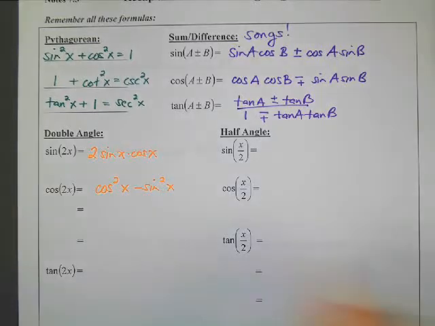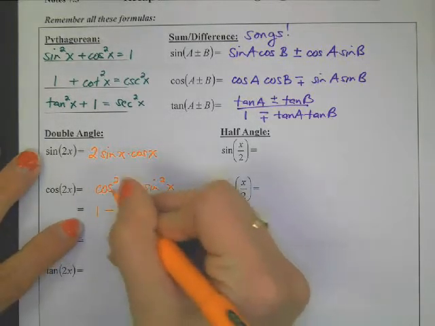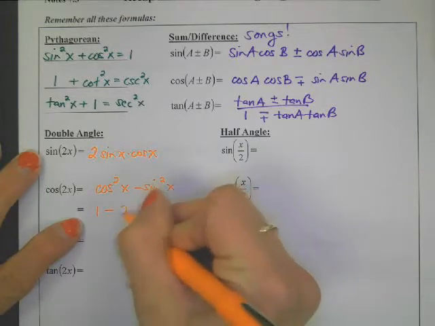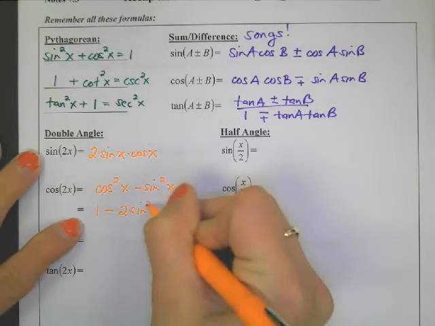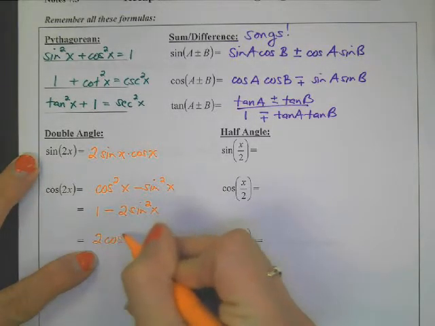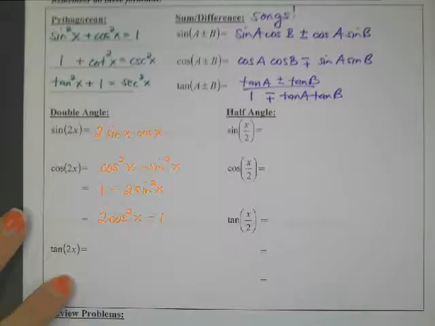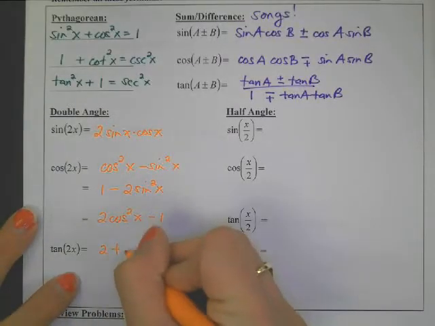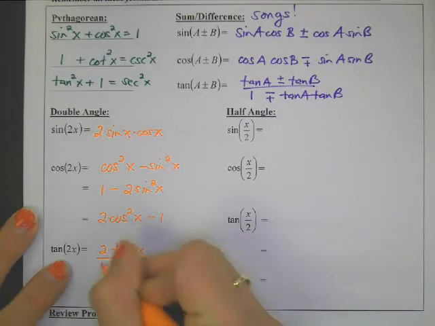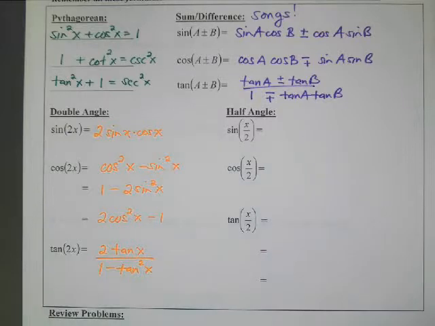And there are a couple more versions. If I replace cosine squared with 1 minus sine squared, there's another sine squared, so that's 1 minus 2 sine squared of x. Or we could have 2 cosine squared x minus 1. The tangent formula is 2 tangent of x divided by 1 minus tangent squared of x.